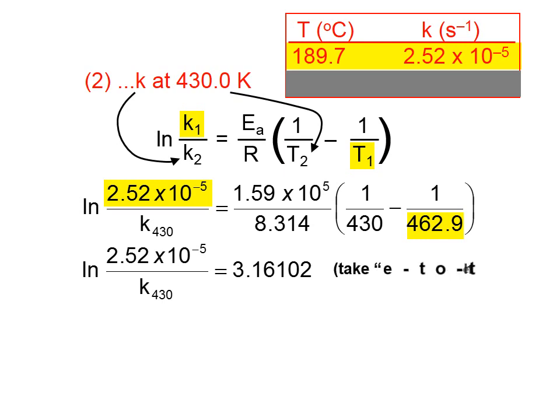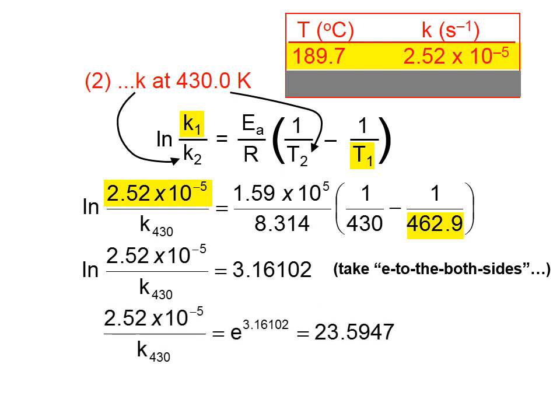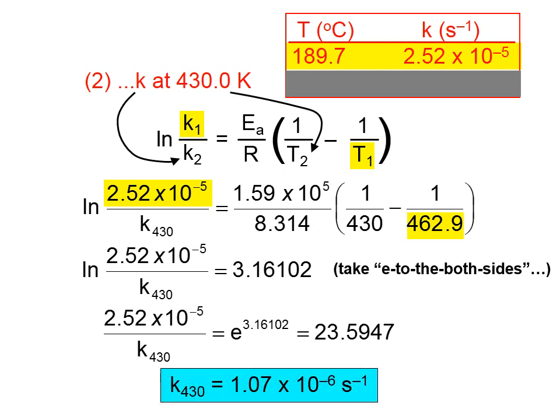We now need to get rid of the natural log, so let's take e to the both sides, and if you e to the both sides of this, here's what you get. The natural log disappears. You get e to the 3.16102 power, which, thankfully, there are calculators, 23.5947, and you can solve that for the value of k.